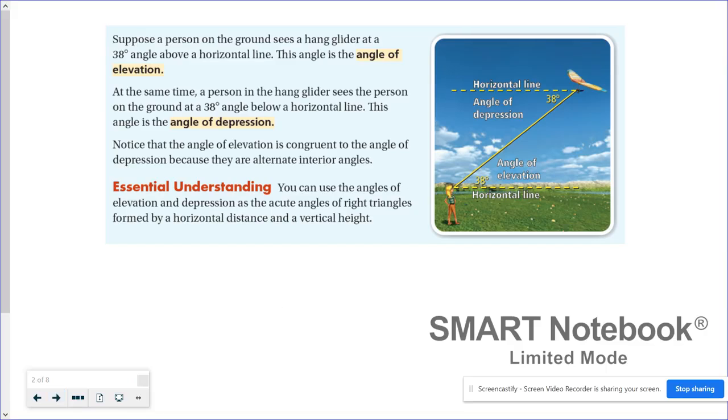You may recall from geometry, if you have parallel lines cut by a transversal, these angles here are alternate interior and they're congruent.